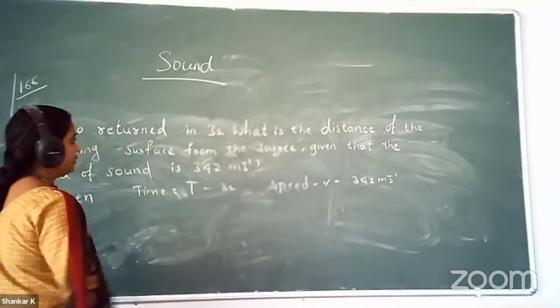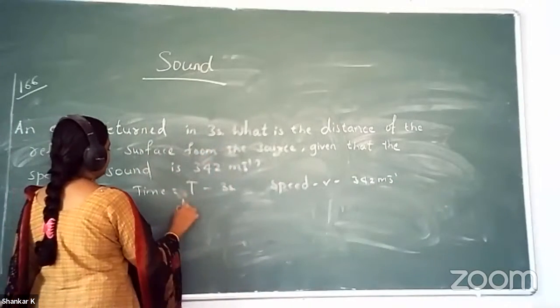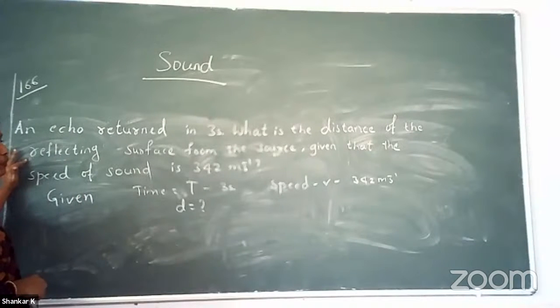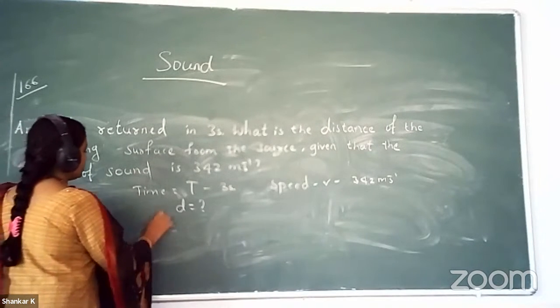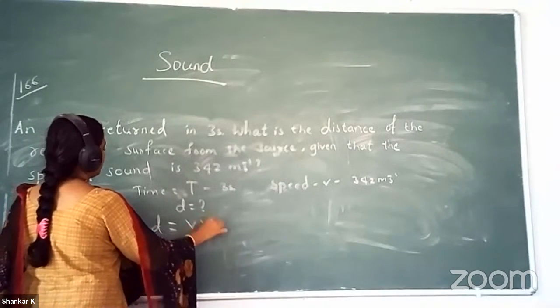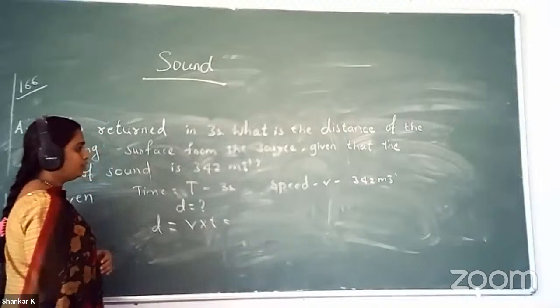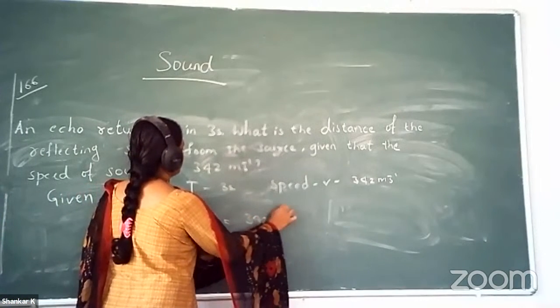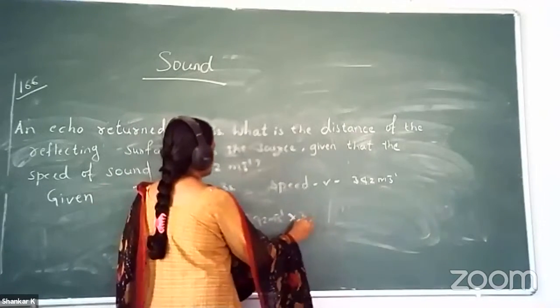And what we have to find here is the distance of the reflecting surface from the source. So distance is equal to V into T. V is 342 meters per second into T, which is 3 seconds.